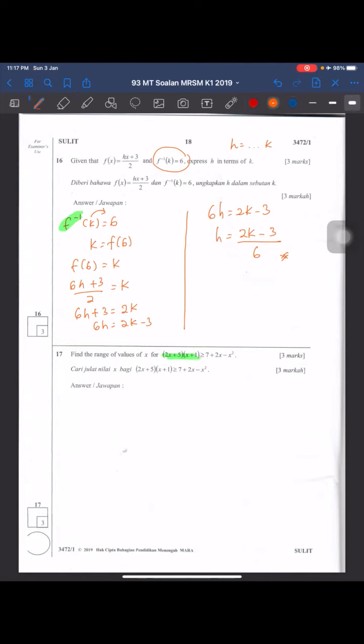So kita expand, kita ada 2x square plus 2x plus 5x plus 5 more equals to 7 plus 2x minus x square.